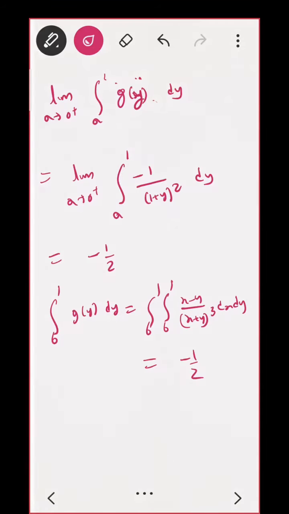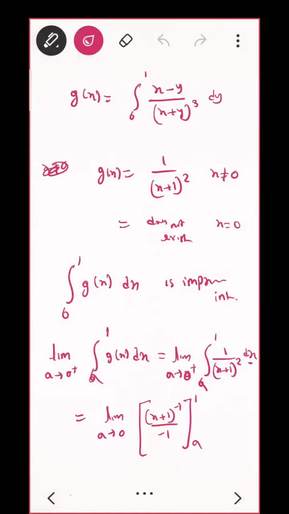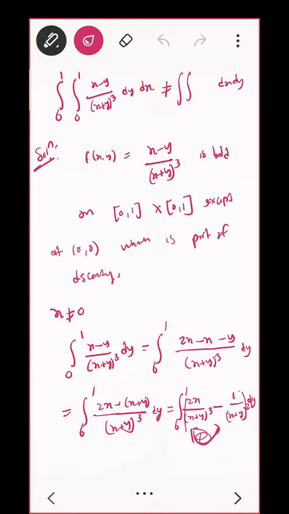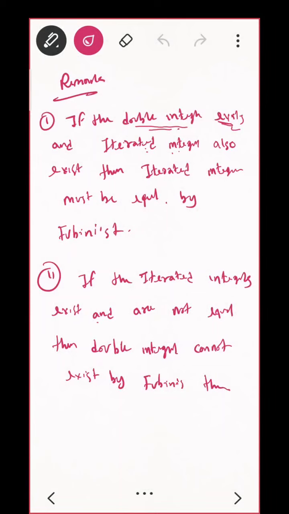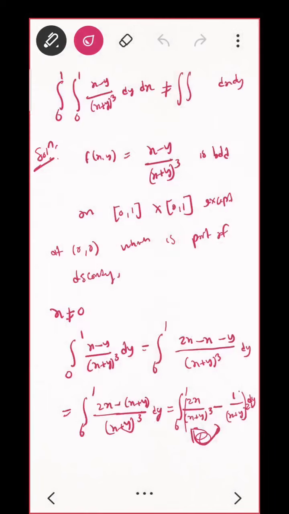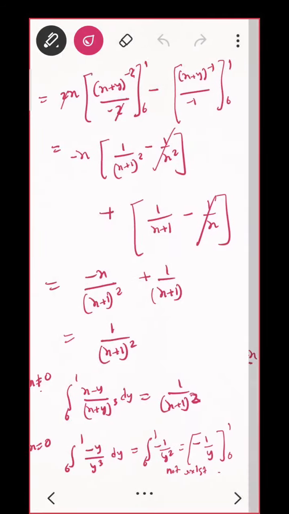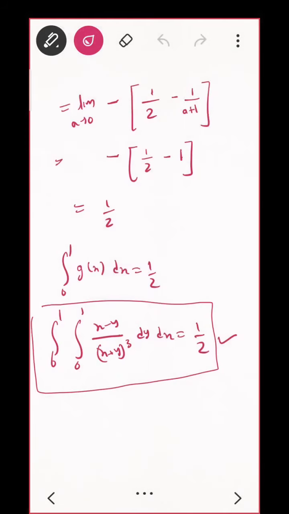Now read your remark. What was the remark? 1 or 2, I think. Which one was it? What is remark 2? What does it say? If the iterated integrals exist, yes here they exist, and are not equal, then the double integral cannot exist by the Fubini theorem. Correct? Here in this case, both iterated integrals exist. That is 1/2 and -1/2, but both are not equal.